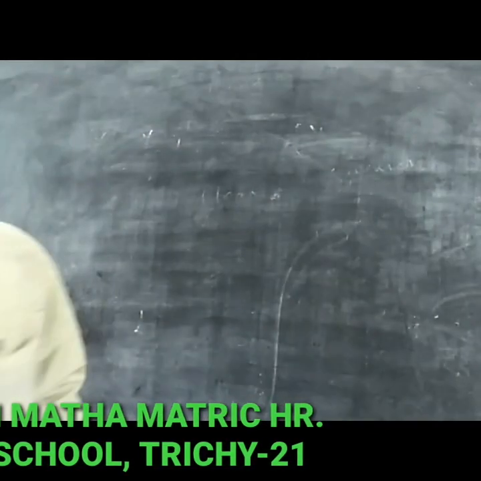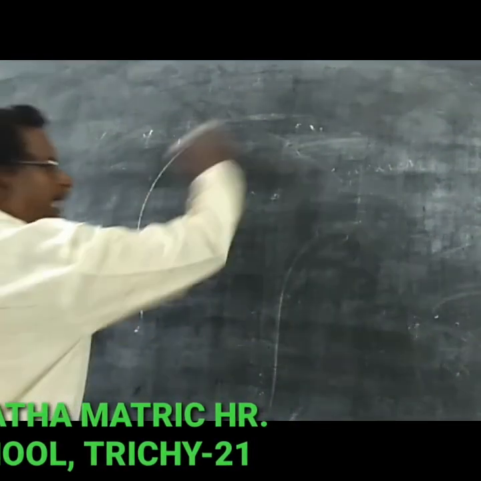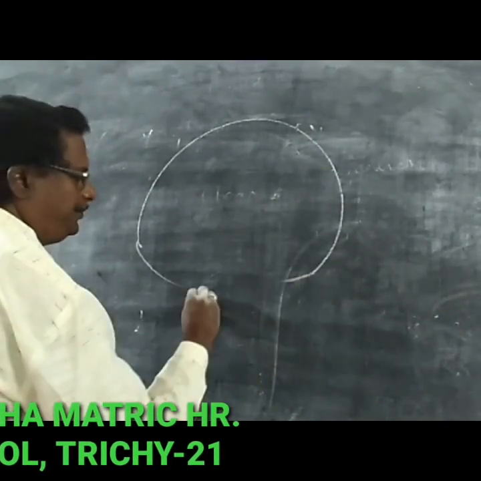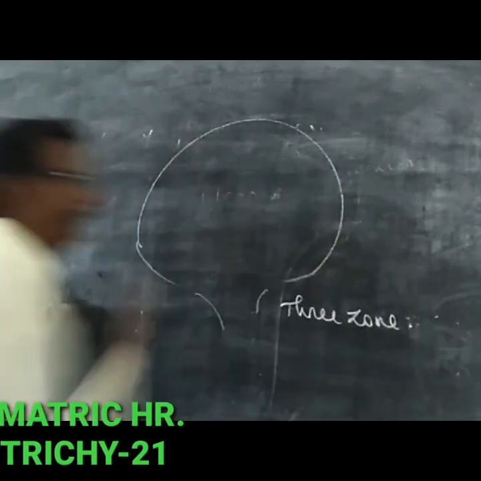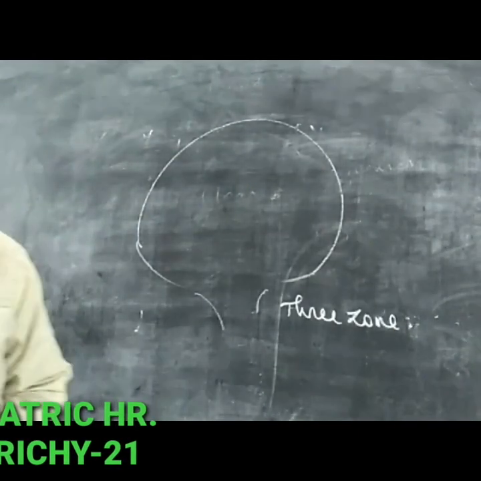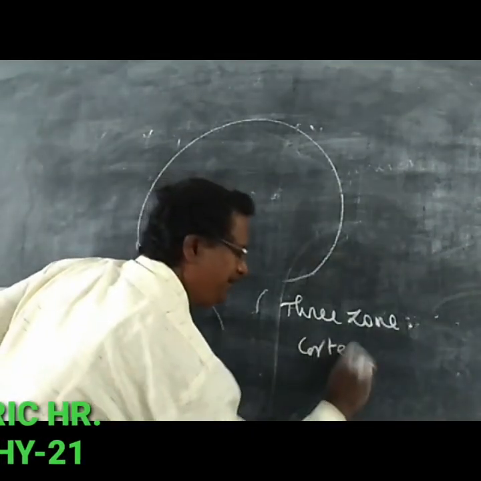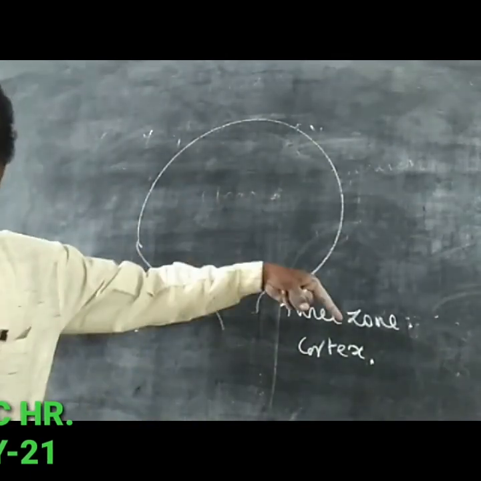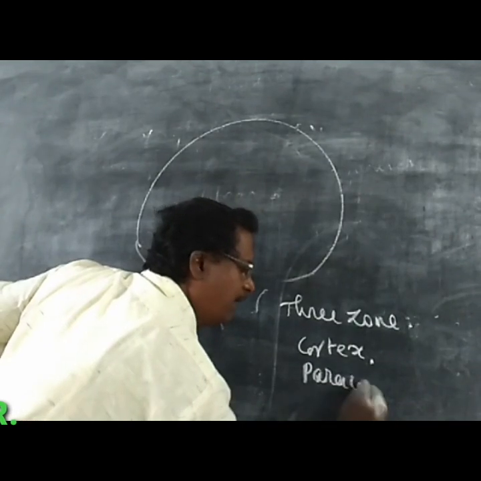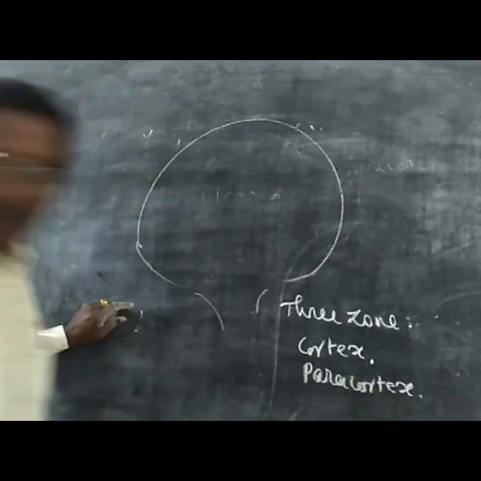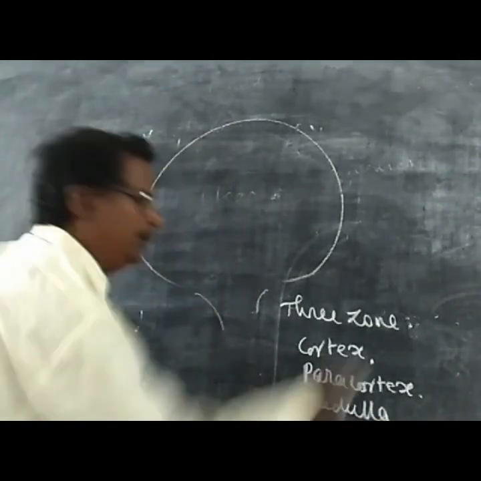Then the lymph nodes consist of 3 zones.